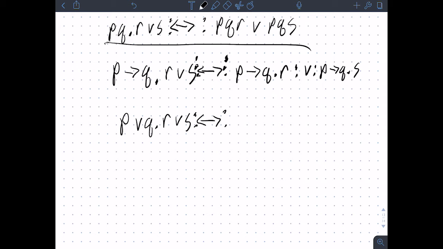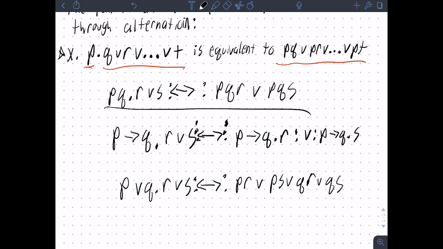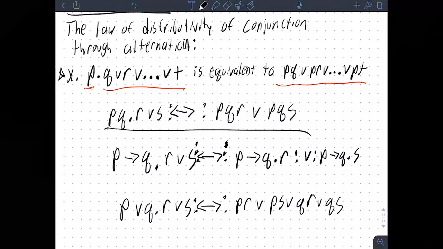So this is equivalent to PR or PS or QR or QS. And so that's how the law of distributivity of conjunction through alternation works.